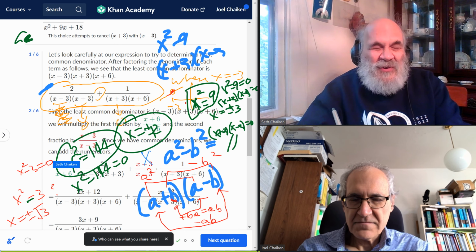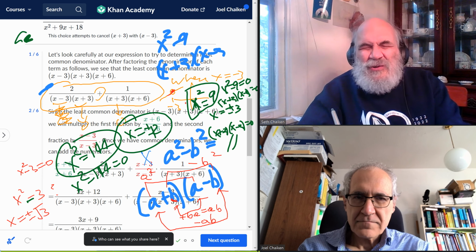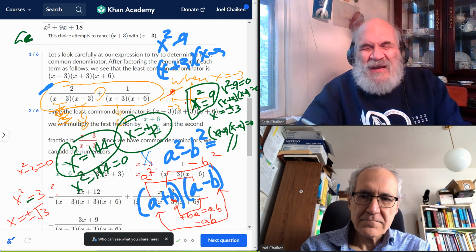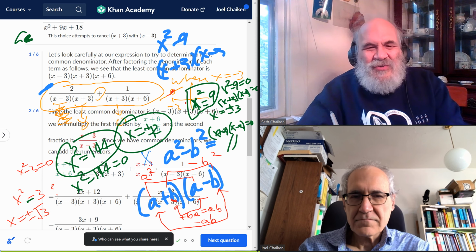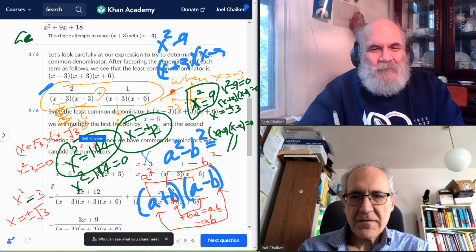And if you use a number system that includes irrational square roots, you could factor this as x plus the square root of 3 times x minus the square root of 3. Right, that's right.